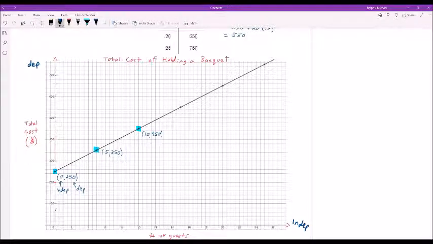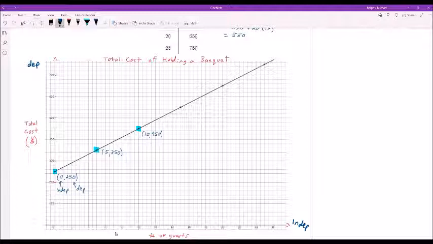And so obviously the graph itself, the line, cannot go into the negative. So it has to start at 0 and then move up to the right, because I don't know what a negative person would look like. Well, I mean, a negative number of people.